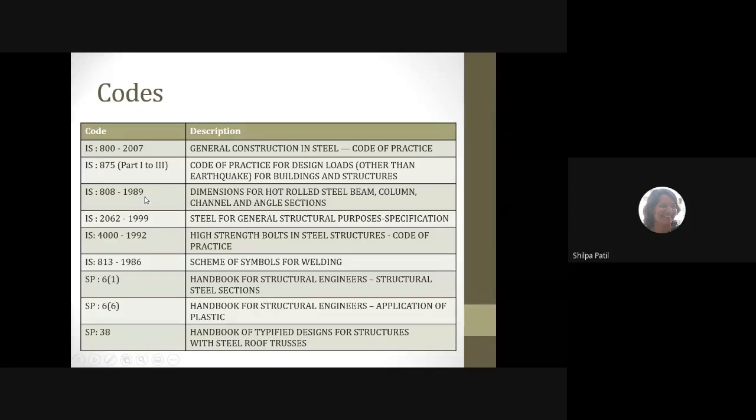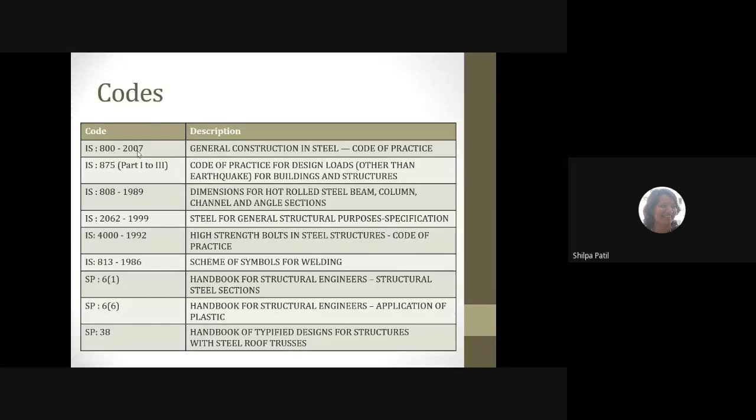The first one and the third one you need to carry all the time when you attend the lecture, because without these you will not be able to design any structural component. You will require the dimensions of the hot rolled steel sections all the time, so you need to carry the steel table, or IS 808, and IS 800 all the time.